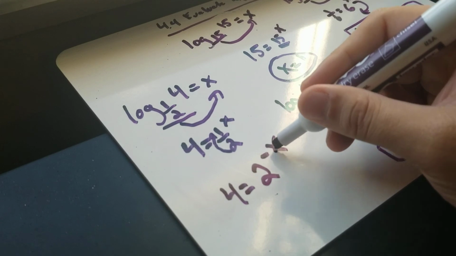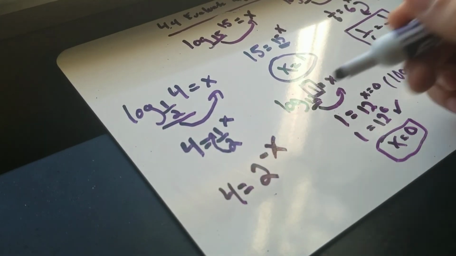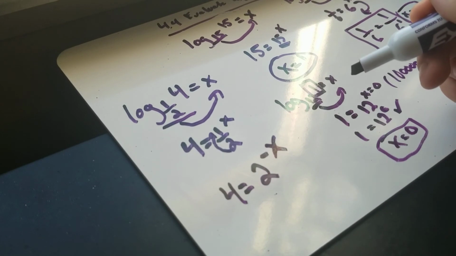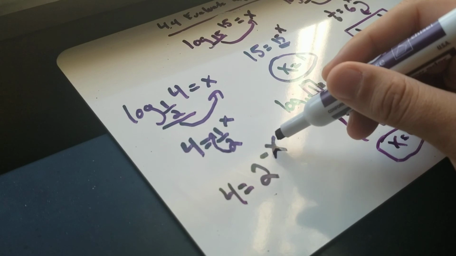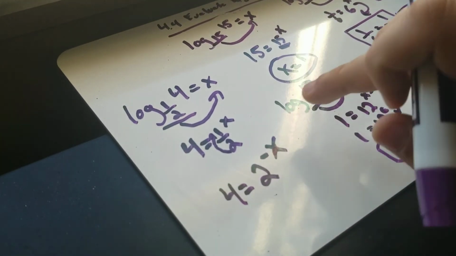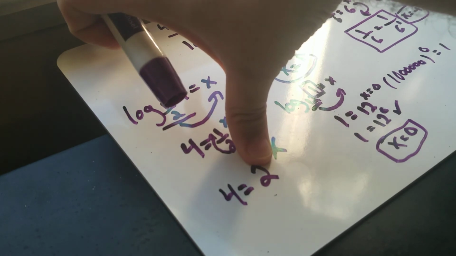I wrote it as 2 to the negative x, because I know my answer is going to have a negative, so I write the negative there. Now, let's think about it. 2 to the negative x. So what number for my exponent, if I cover up the negative, will get me 4?